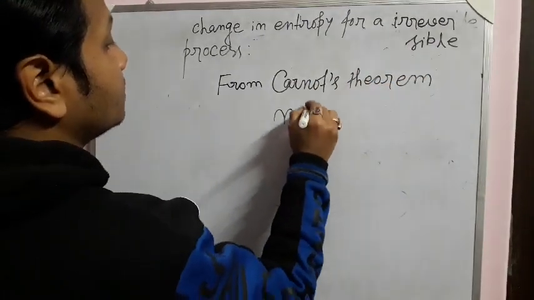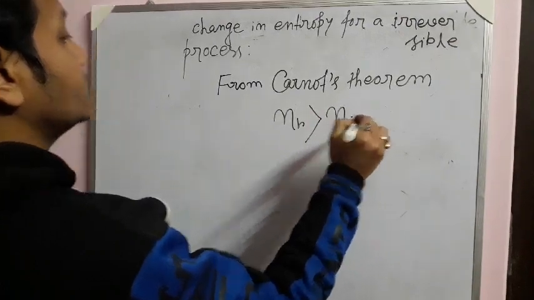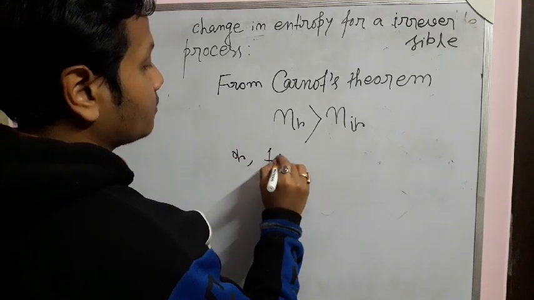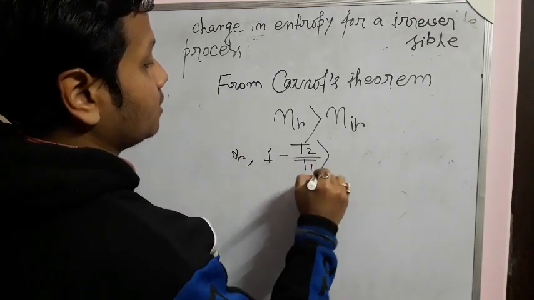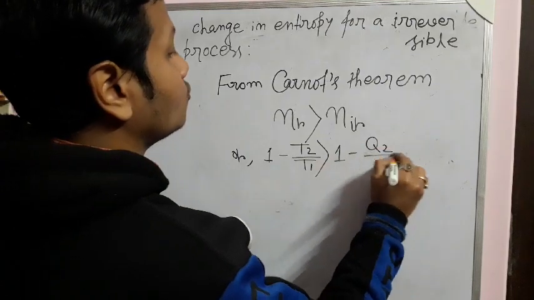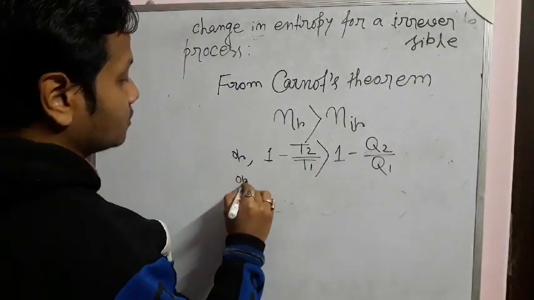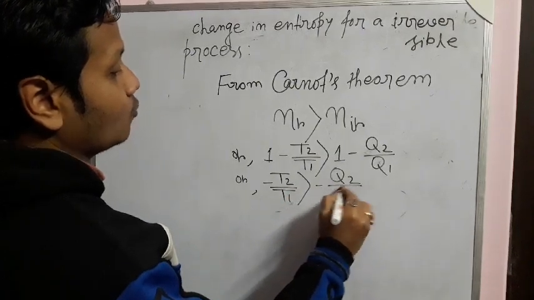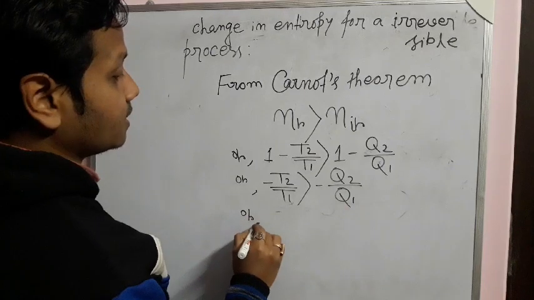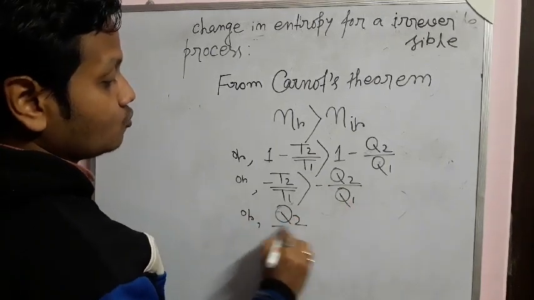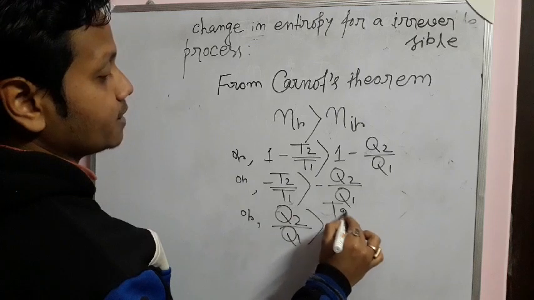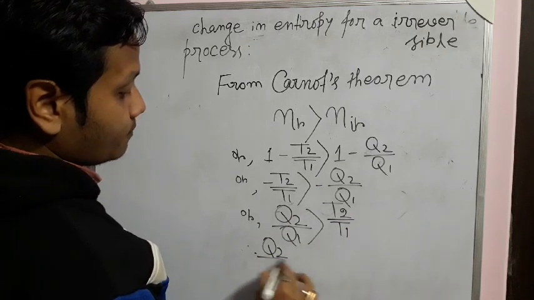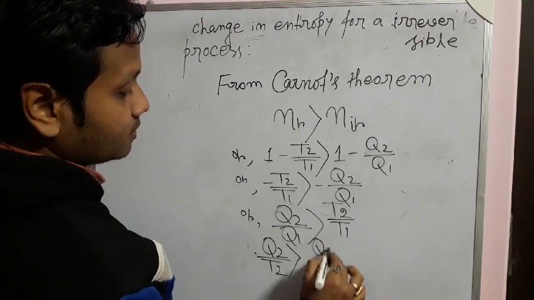Eta R, the efficiency of the reversible engine, is greater than the efficiency of the irreversible engine. So eta R is 1 minus T2 upon T1, which is greater than 1 minus Q2 upon Q1. So minus T2 by T1 is greater than minus Q2 upon Q1. If you change the sign, then it becomes opposite. So Q2 by Q1 is greater than T2 by T1. So what we get? Q2 upon T2 is greater than Q1 upon T1.